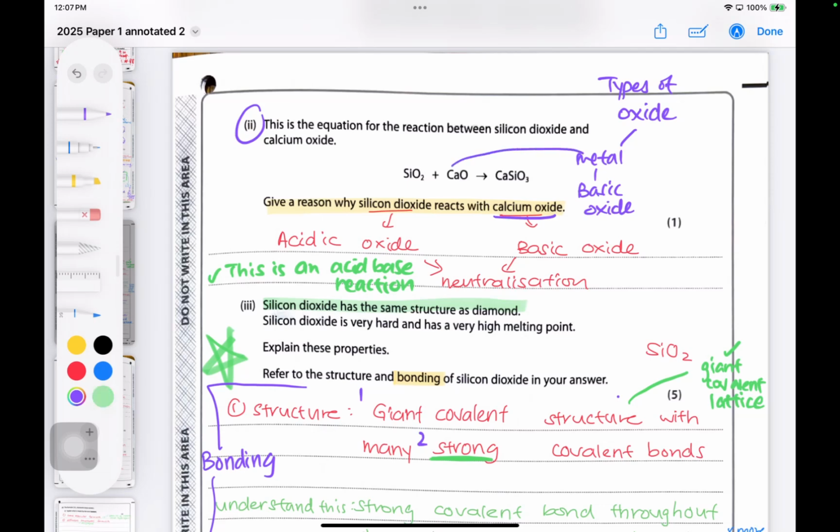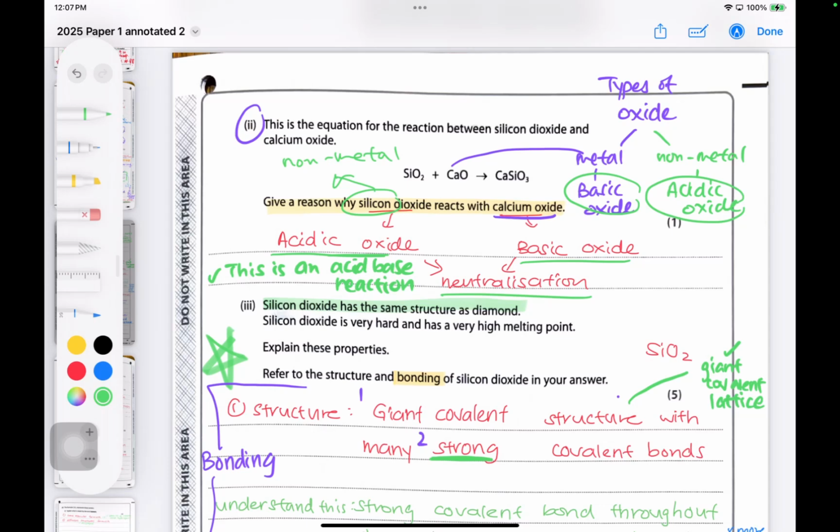The opposite would be non-metal oxides, which form acidic oxides. When you have bases reacting with something acidic in nature, usually neutralization can take place. Silicon dioxide is an acidic oxide because silicon here is a non-metal, so it can react with a basic oxide, and the process is known as neutralization.